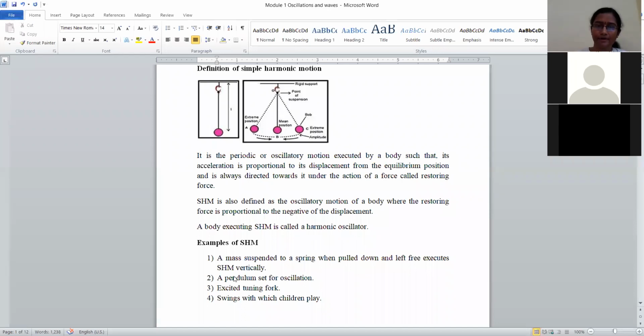So this is also an example of simple harmonic motion. And a very simple example is, in a park, children playing on a swing. Once a kid is sitting on a swing, and a person pulls the swing and leaves, it starts doing oscillations. This is also an example of simple harmonic motion.